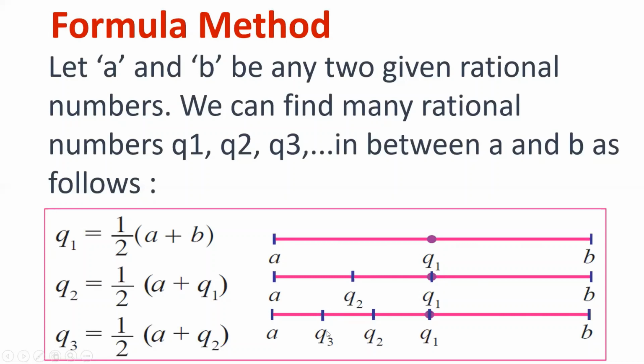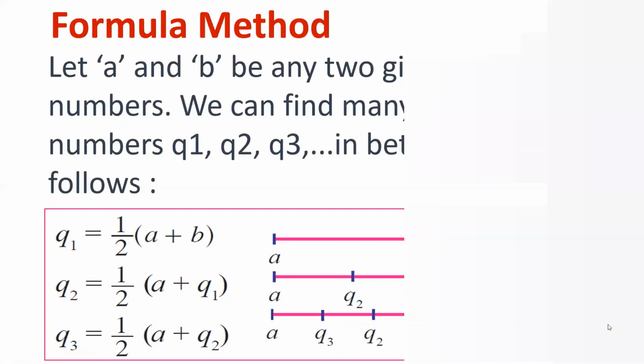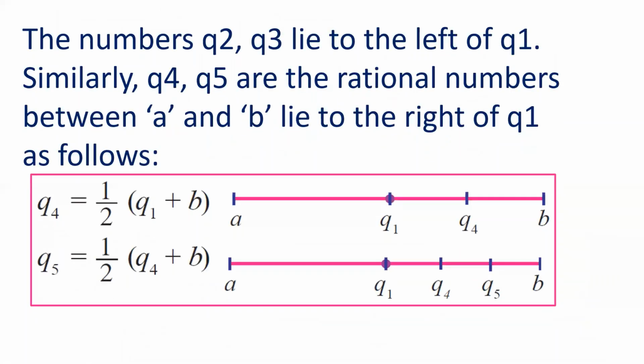Same, q3 will also be lying on the left hand side of q1, while q1, q2 and q3, all three numbers, are lying between a and b. Suppose we want to find more rational numbers, that is q4 and q5, but these numbers we want on the right hand side, that is greater than q1.